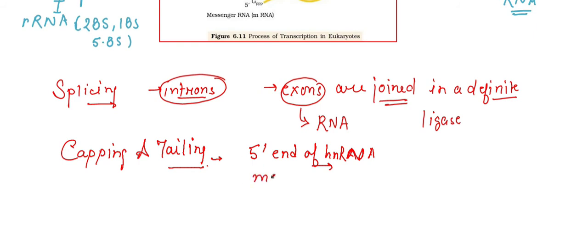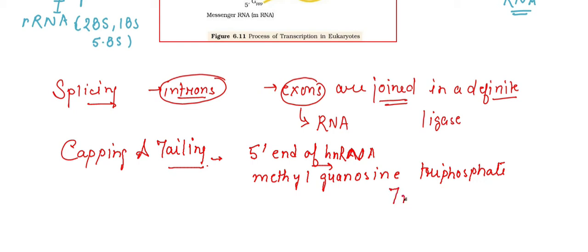Methyl guanosine triphosphate, which is also called 7mG, right?